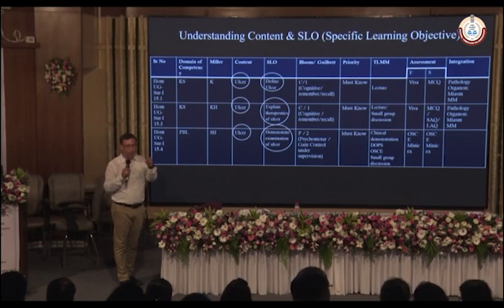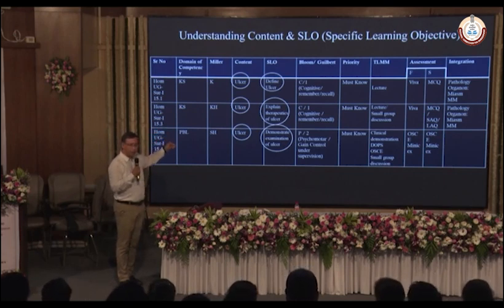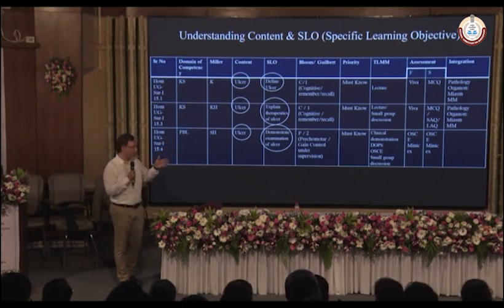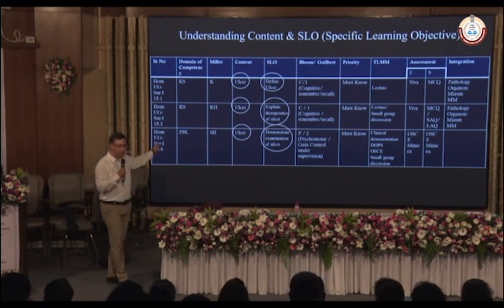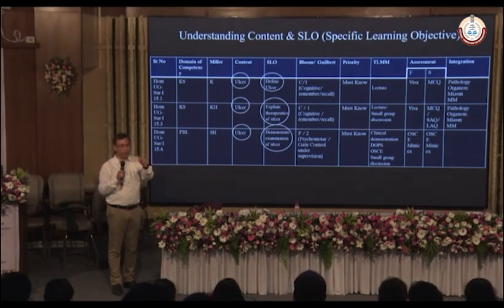I have to define a particular SLO, a specific learning objective, and I will start from the definition of the ulcer, then classification of ulcer is given. This I have taken to make you understand the various other aspects. So for each particular topic, you have to define an SLO. An SLO is a particular objective with which you are able to explain to the student.